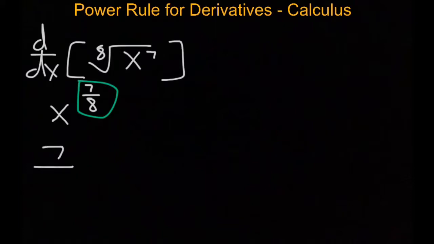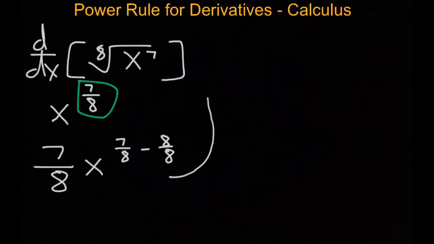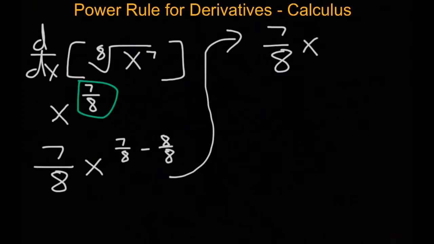So we could write it as 7 over 8 times x to the power of 7 over 8 minus 1, which is 8 over 8. Now we can simplify this down. 7 over 8 times x to the power of 7 over 8 minus 8 over 8 is x to the power of negative 1 over 8.